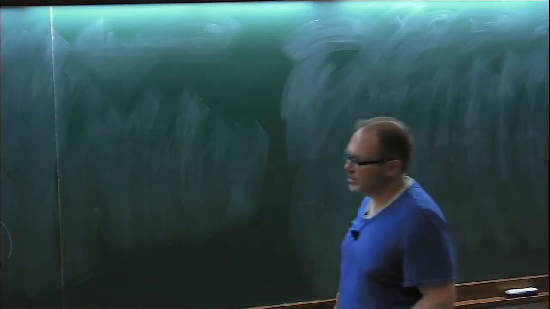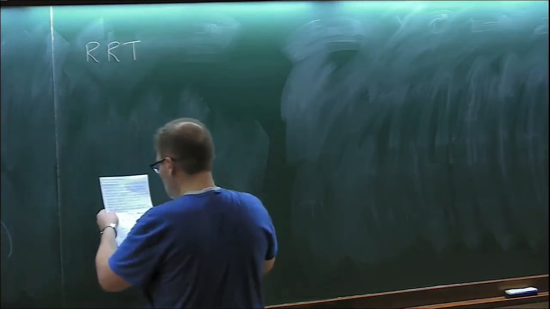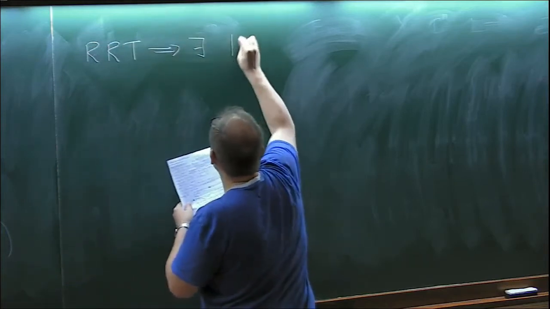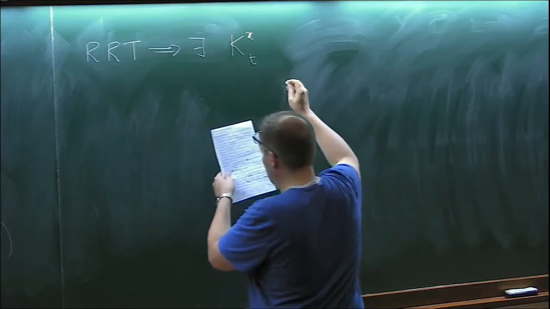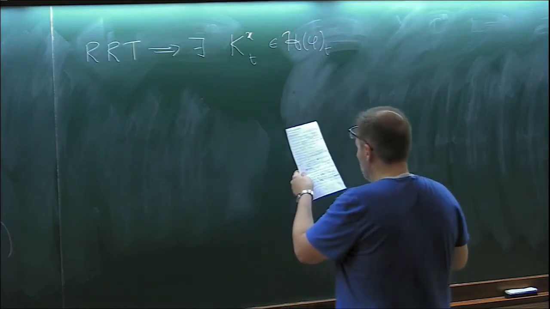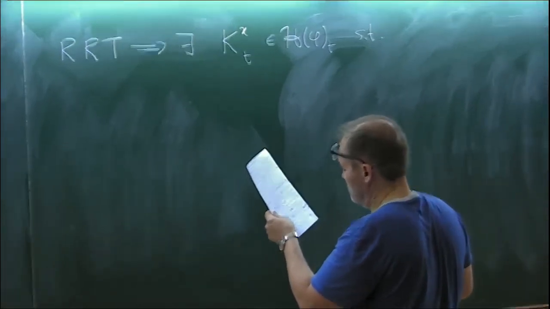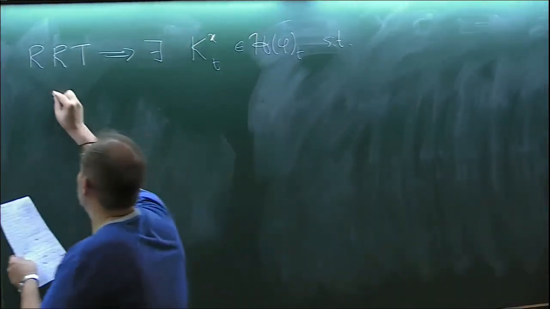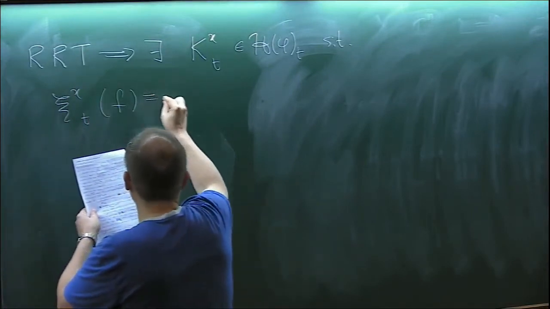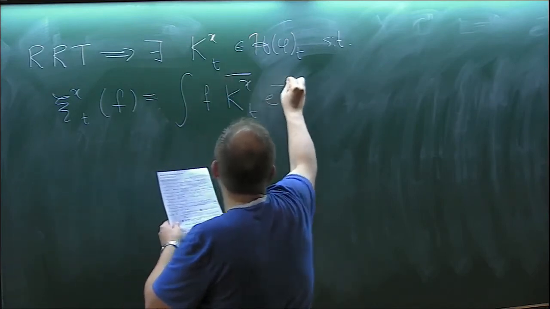Okay, so now actually the Riesz representation theorem applies. So the Riesz representation theorem implies that there exists some vector, call it k_x^t, in H_{phi_t}, this Hilbert space, such that xi_{x,t} acting on any f is going to be the integral of f times k_x^t bar e to the minus phi_t.